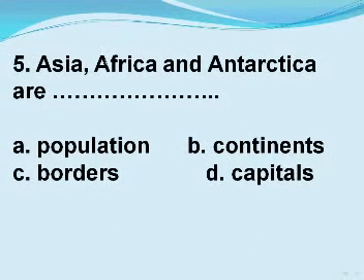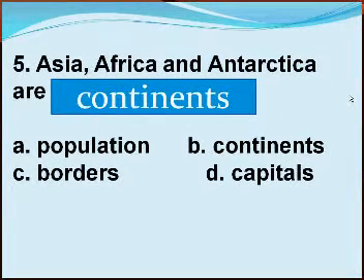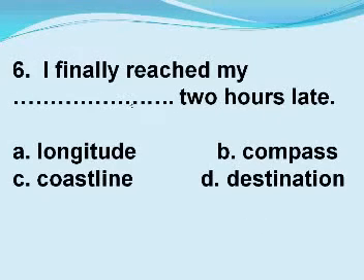Number 5. Asia, Africa, and Antarctica are population, borders, continents, or capitals. What do we call these? Great, students. Of course, continents. Asia, Africa, and Antarctica are continents. Number 6. I finally reached my longitude, compass, coastline, or destination 2 hours late. I reached.